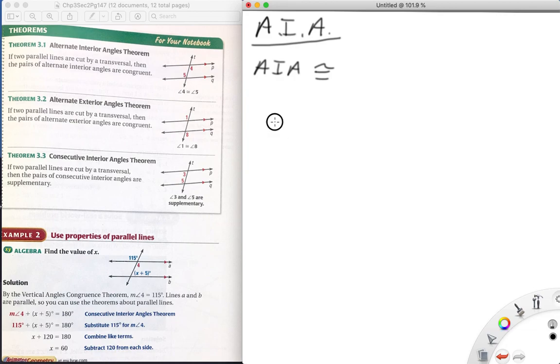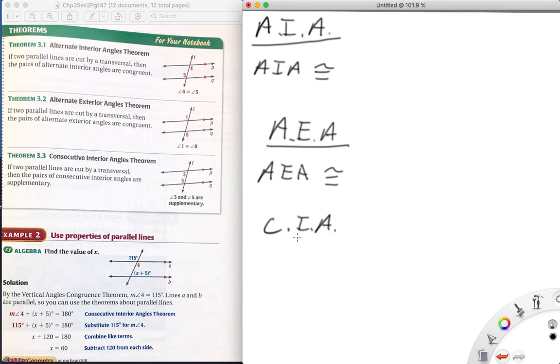Then we have alternating exterior angles. Again, if two lines are cut by a transversal, then alternating exterior angles are congruent. Then we have consecutive interior angles, the CIA.